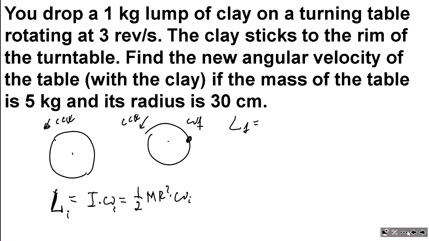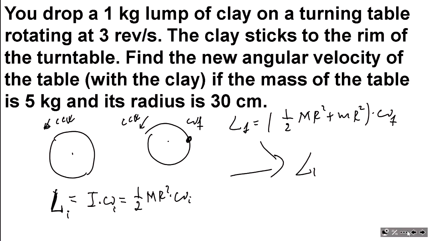Final angular momentum of this system should include the initial inertia of a disk plus the inertia of that piece of clay. And that should be multiplied by the final angular velocity. And the law says in this collision, the total angular momentum should remain the same. So you can see by adding inertia, we're decreasing angular speed. The rest is math.